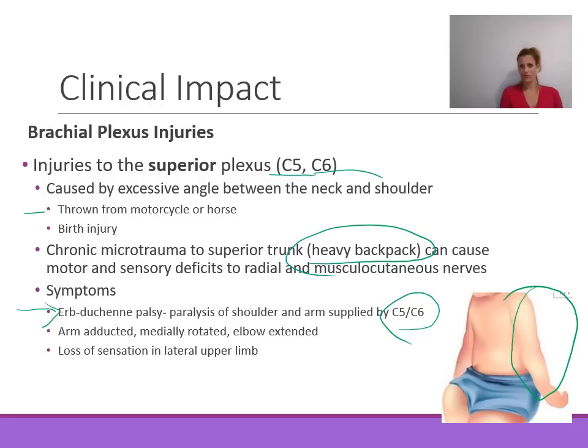So instead of nice relaxed arms, palms forward, like anatomical position, the arm is completely adducted and rotated in like this. You can kind of see his hand towards the back like that, and the elbow is extended. There's also a loss of sensation in the lateral upper limb. Again, the lateral limb is the area supplied by C5, C6 nerves.